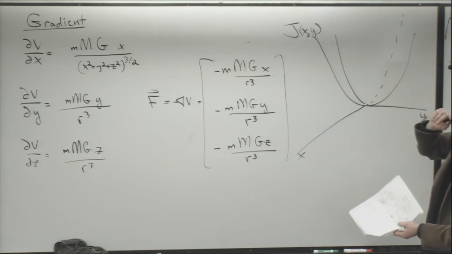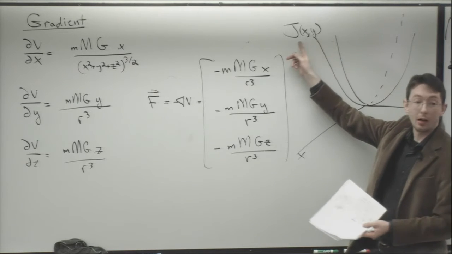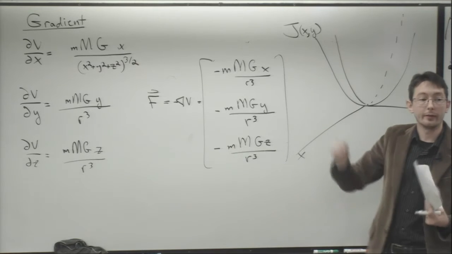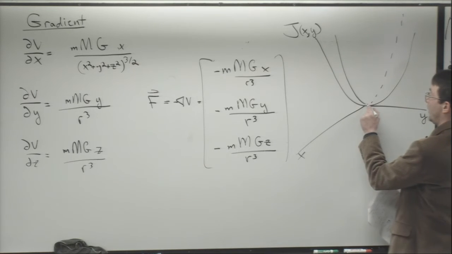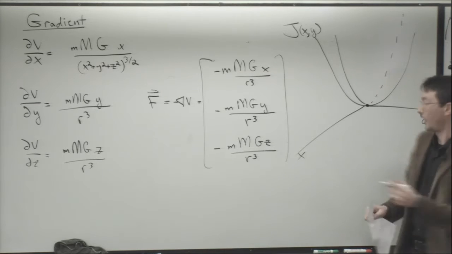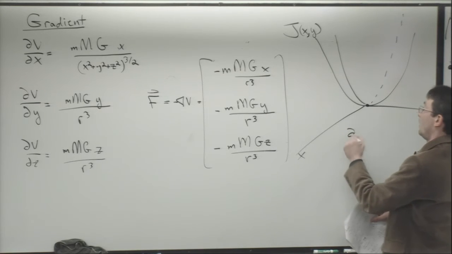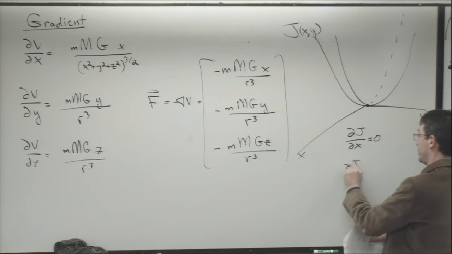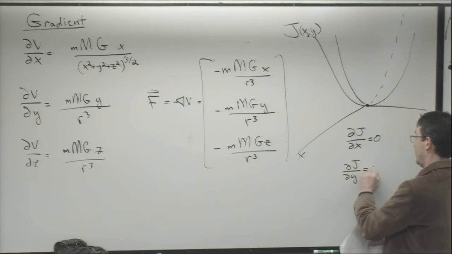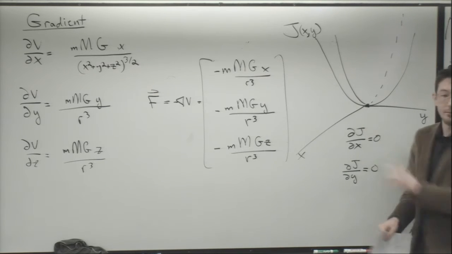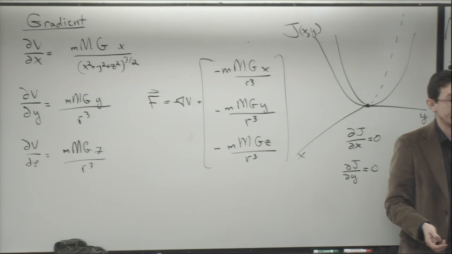If I want to find the minimum cost values for x and y, what I'm trying to find are values of x and y that make my partial derivatives equal to 0. So I want partial j partial x to equal 0, and I want partial j partial y to equal 0. This will be true at my optimum minimum point of this cost function.